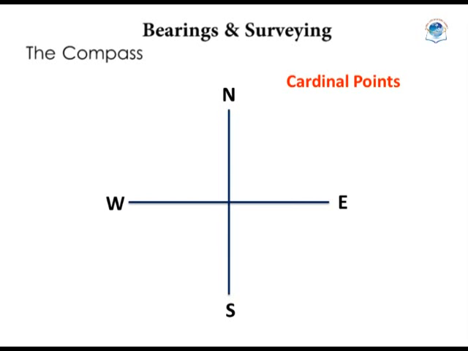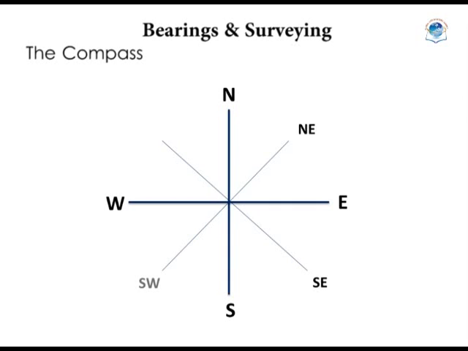We can give more accurate directions by talking about these spaces between the 4 cardinal points: northeast, southeast, southwest, and northwest. We can even go further and give a 16-point compass direction and talk about these points: north-northeast, east-northeast, east-southeast, south-southeast, and so on.